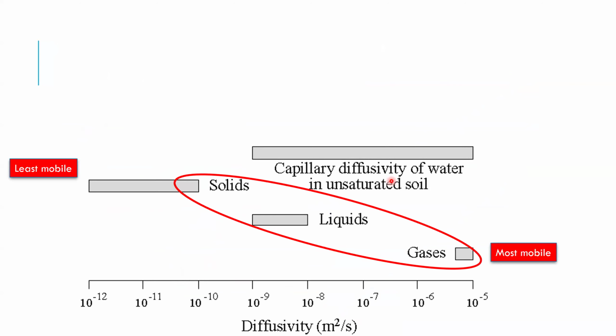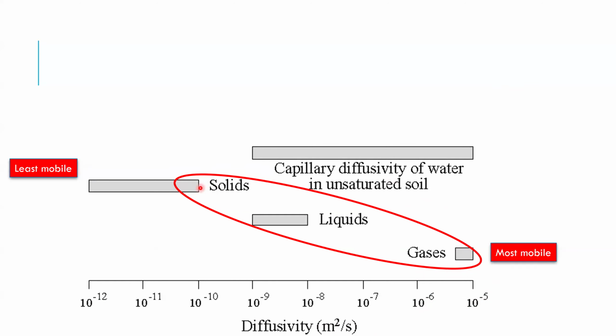To get an idea of this range of diffusivities: because gases are most mobile, they have the highest diffusivities. These look like small numbers, but for diffusivity, these are very high values. So diffusivities in gases are like 10 to the minus 5 or 10 to the minus 6 meters squared per second, because gases can move most easily.